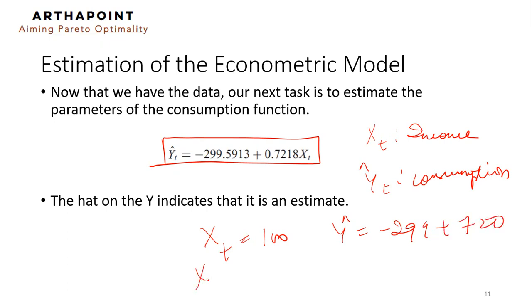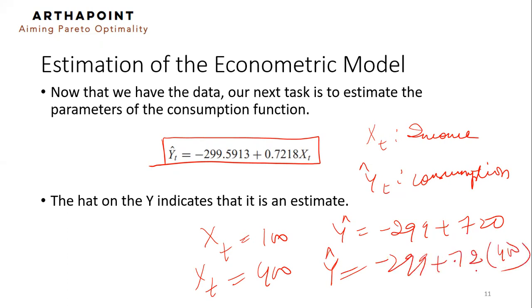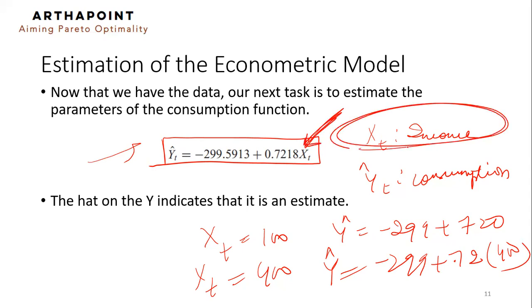The other thing tells me that when my income is 400, my consumption will come out to be minus 299 plus 70.72 into 400. And so on. So this is a model that I defined. I keep putting the values of X, which means I keep putting the value of income, and correspondingly, I keep getting the value of consumption.